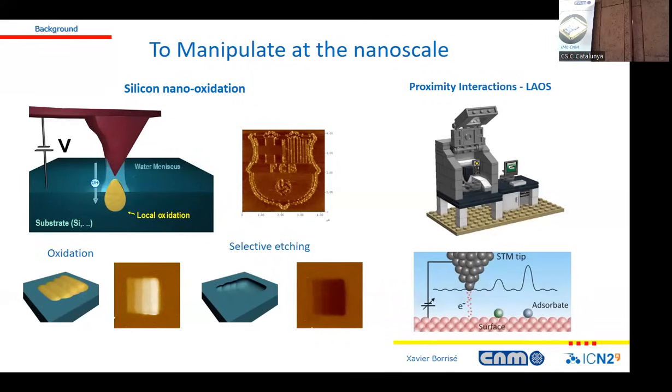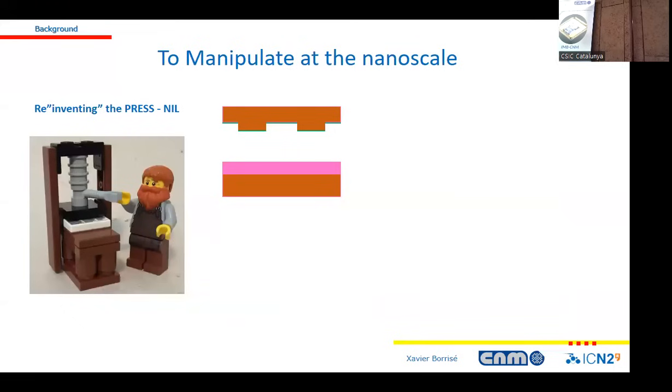Finally, to manipulate at the nanoscale, because all that we talked about is serial technique, we have a parallel technique, which is called nanoimprint lithography. In that case, we need a mask, which we call a mold, or a stamp. What we do is put in contact this mold, which has this 3D structure that we want to transfer to our sample.